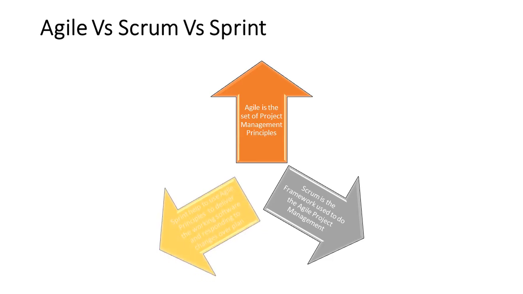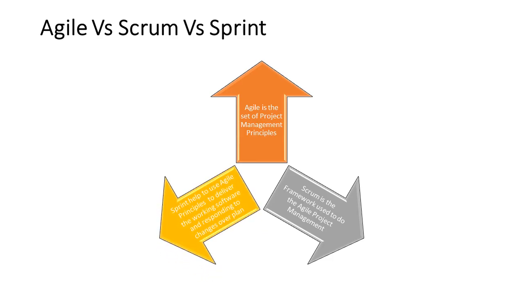Agile, Scrum, and Sprint are interrelated concepts in project management, particularly in software development, but they serve distinct purposes. Agile is a broad project management philosophy that emphasizes iterative development, flexibility, and customer collaboration over strict processes and plans. It encompasses various methodologies and frameworks, including Scrum, to enhance responsiveness and adaptability in dynamic environments.